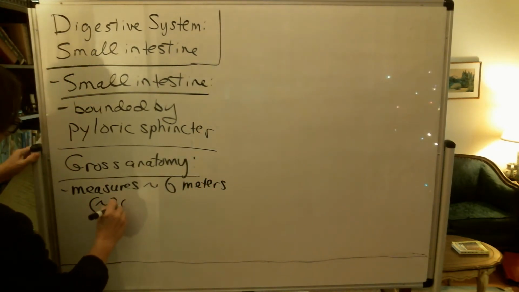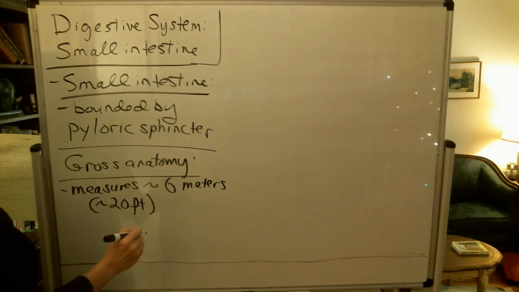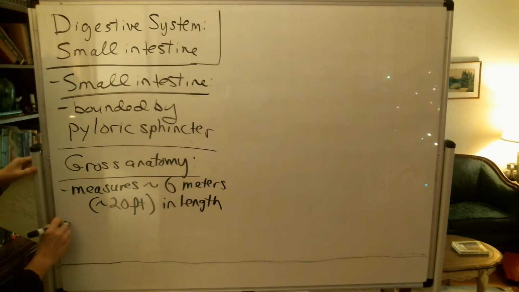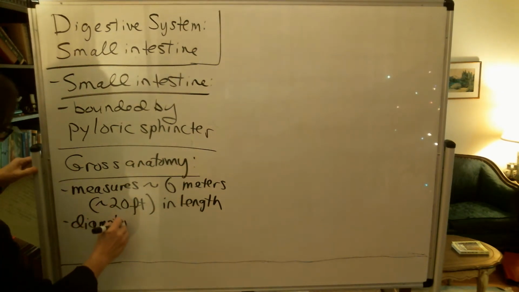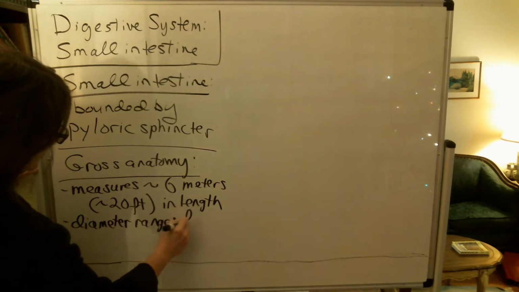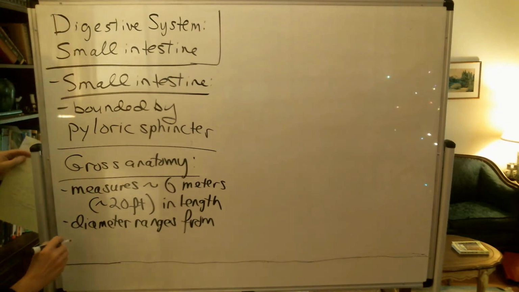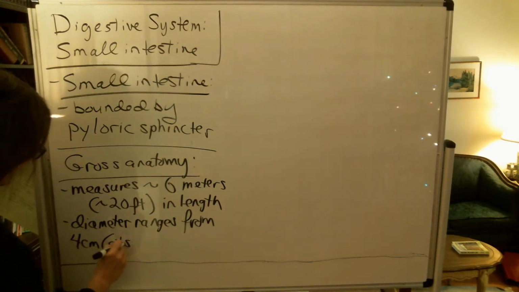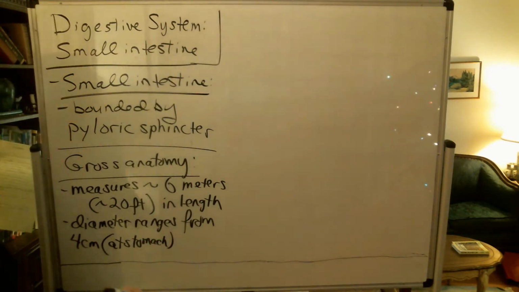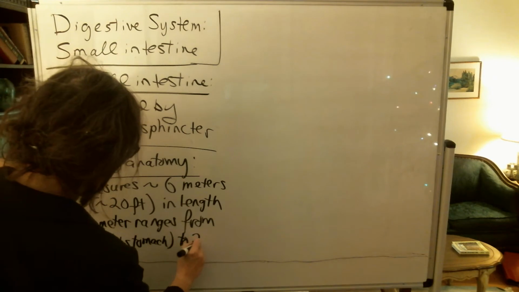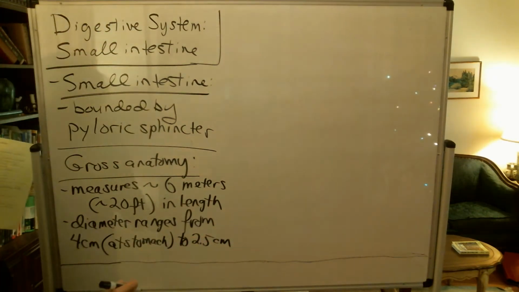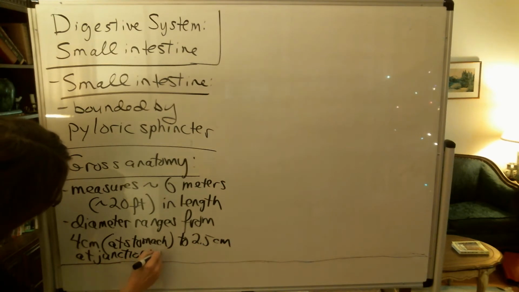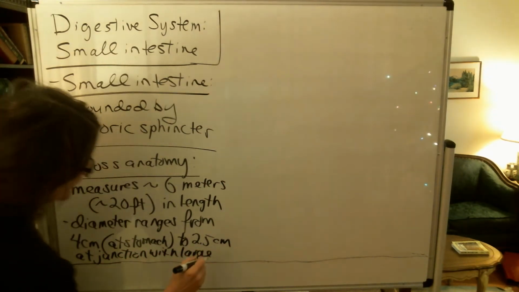That is to say, approximately 20 feet in length, and the diameter ranges from about 4 centimeters at the stomach, then to 2.5 centimeters at the junction with the large intestine.